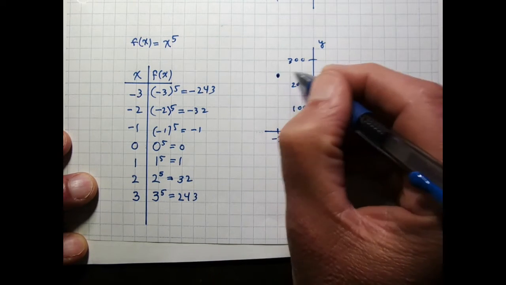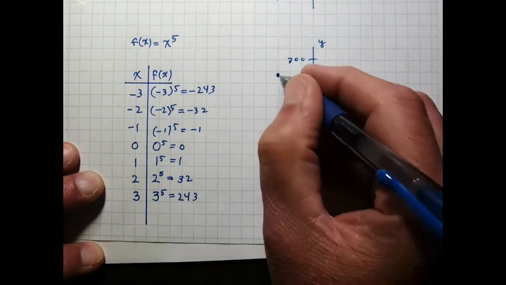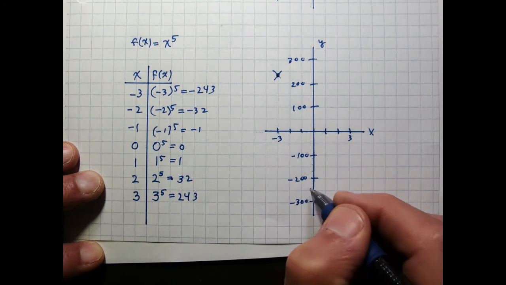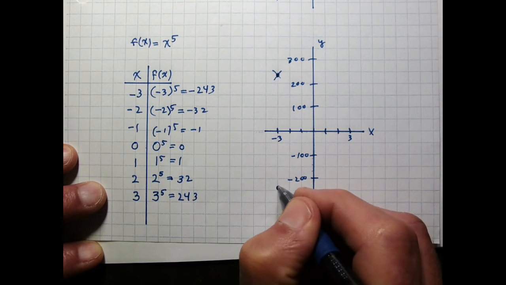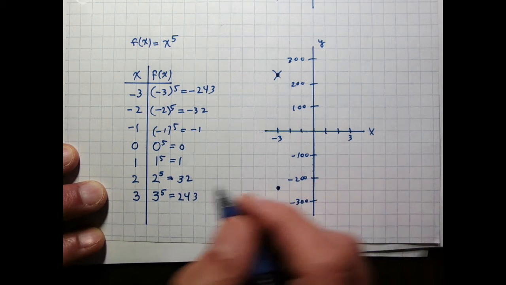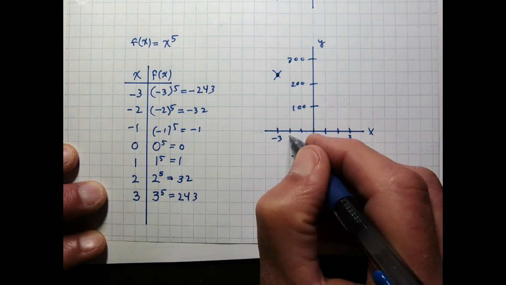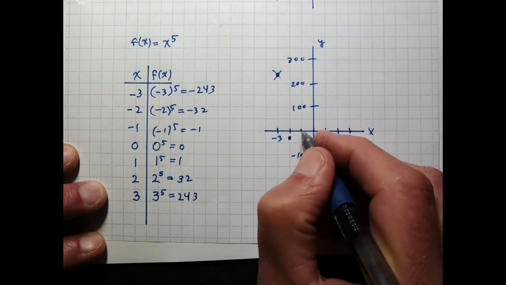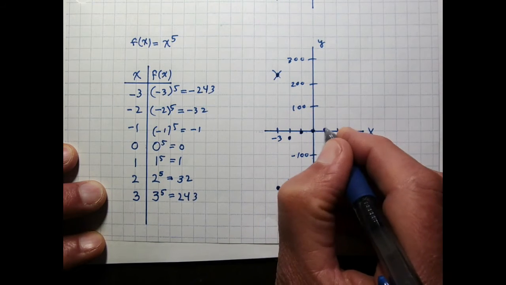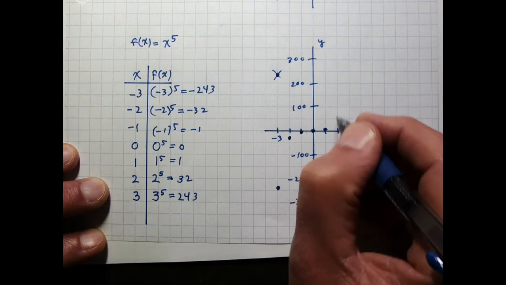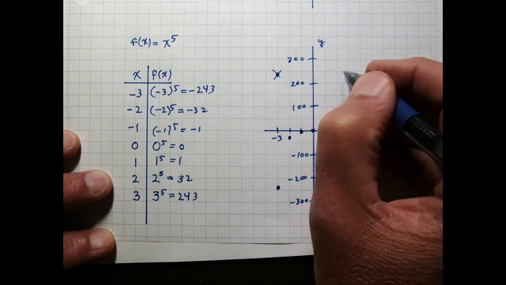That's right about there, because that's 250 at the blue line. -243 is down here. Okay, got that fixed. And -2, -32. So that's -50, -32 is about there. Of course, -1, -1 would barely show up below the x-axis. 0, 0, 1, 1. Then 2, 32. And 3, 243.